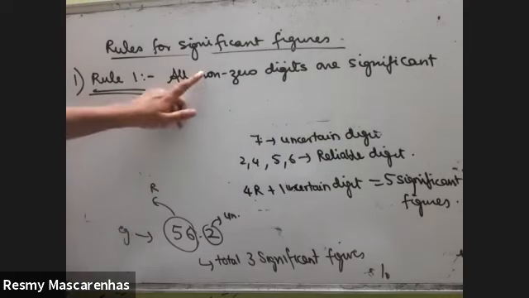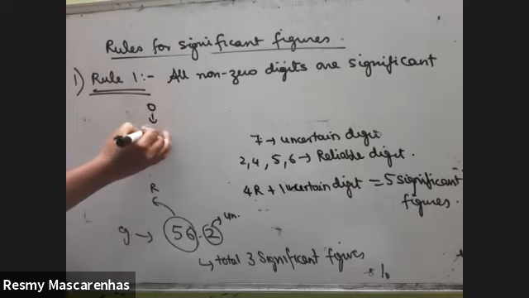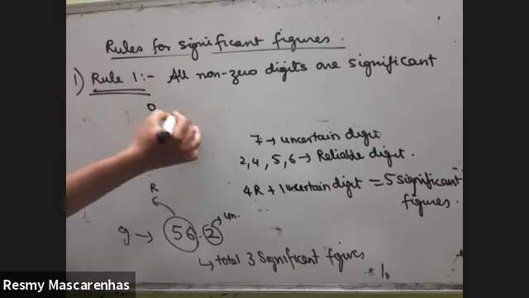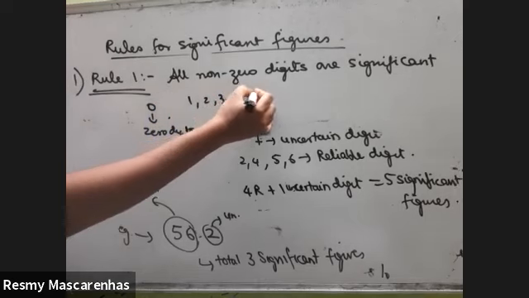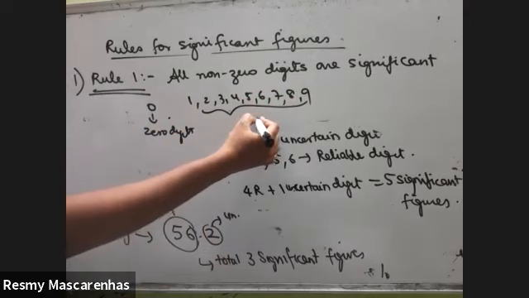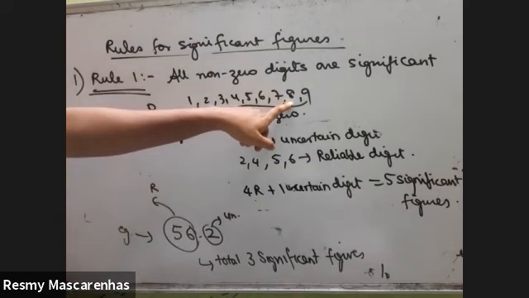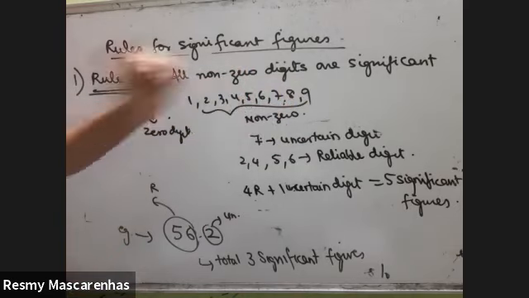Non-zero means other than zero. This is zero, a zero digit. The rest, 1, 2, 3, 4, 5, 6, 7, 8, 9, are non-zero. Any number framed by these digits is non-zero, and it will have that many significant figures.